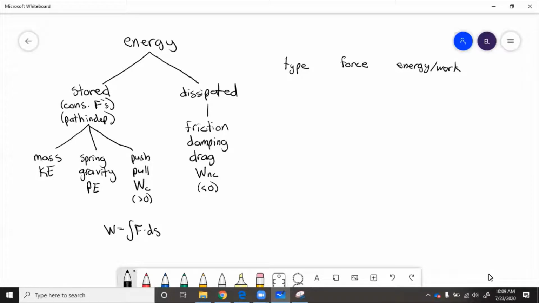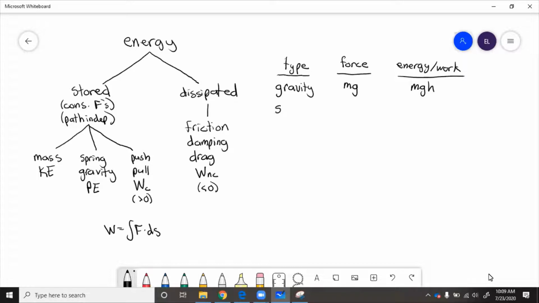So it's a force moving across a distance that causes work. First is gravity. The gravitational force is mg, and the gravitational potential energy is mgh. You can see mg is the force, h is the distance, so then the energy is mgh.